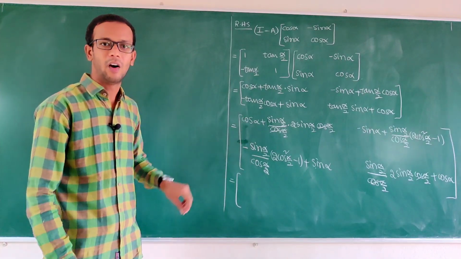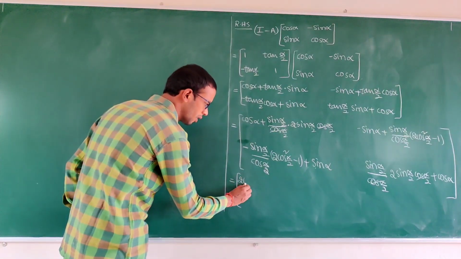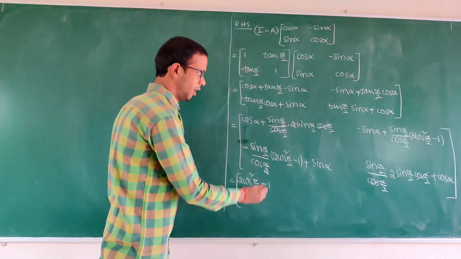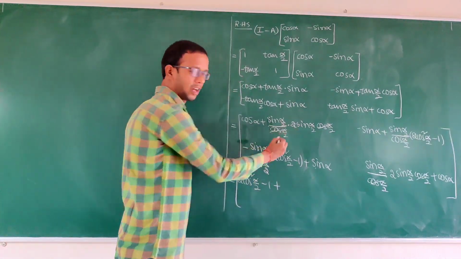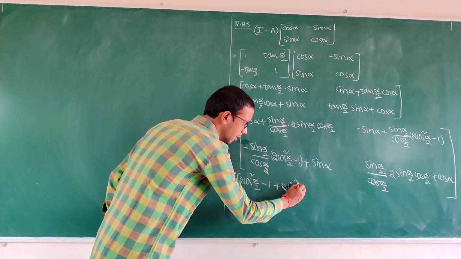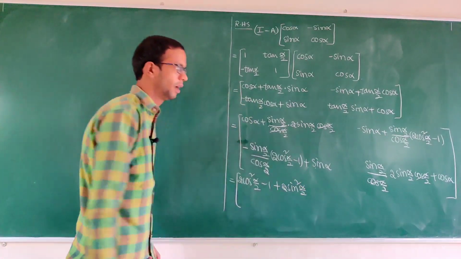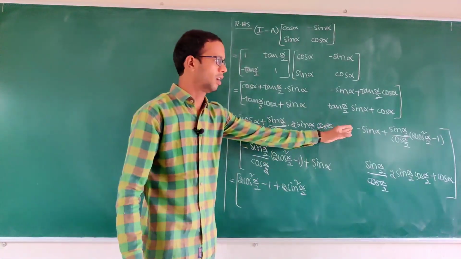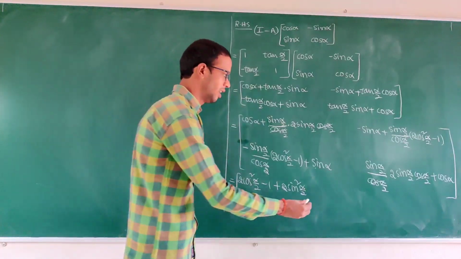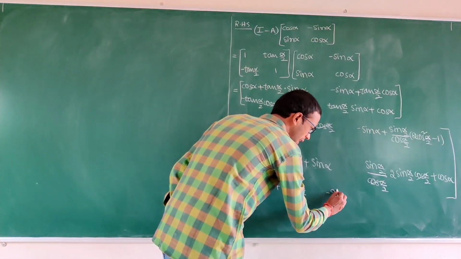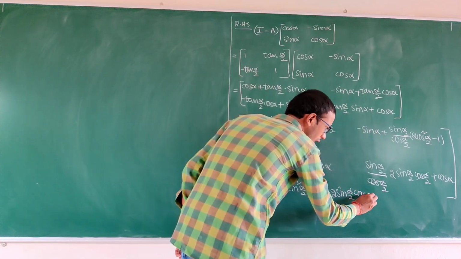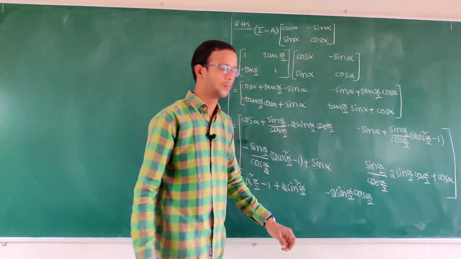Cos alpha, how can we write? 2 cos square alpha by 2 minus 1, plus the remaining as it is, that is 2 sin square alpha by 2. Next, here minus sin alpha is there, write minus sin alpha as minus 2 sin alpha by 2 cos alpha by 2.